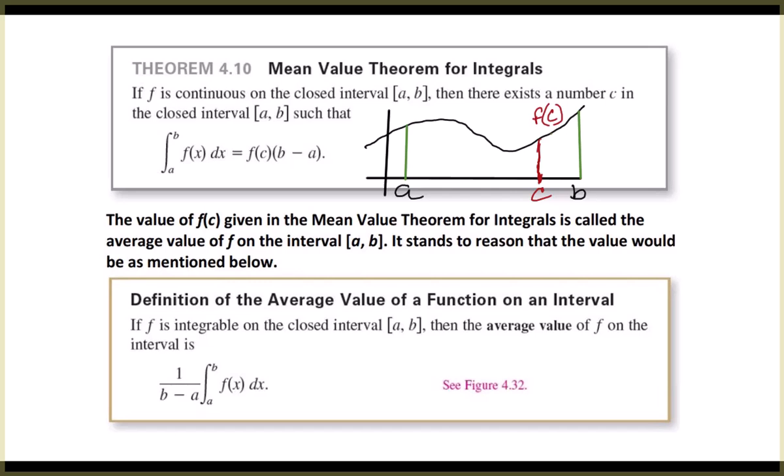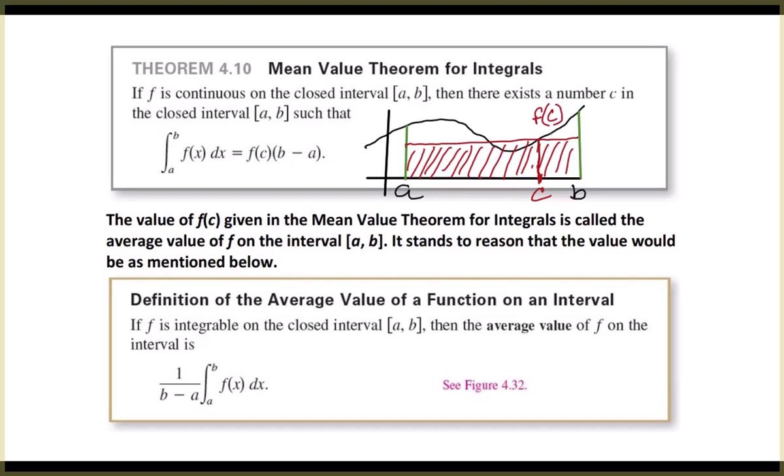This is saying there is a point C in there if we meet the conditions, if it's continuous on that closed interval. There is a point C, and up here is F of C, where it hits. If I do this and draw a line straight across, what this is saying is the area of that stuff I have in red is equal to the area under the curve.